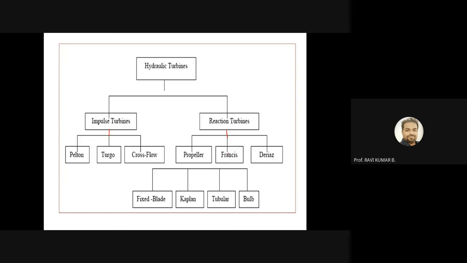In your case, you are going to study only Francis and Kaplan. Kaplan will also be here. This can further go into fixed blade, Kaplan, and tubular or bulb type of turbine. This is also part of the reaction turbine. So these are the broad classifications of the turbines.